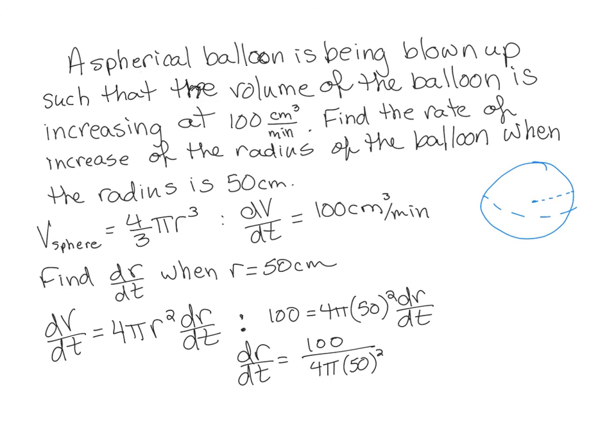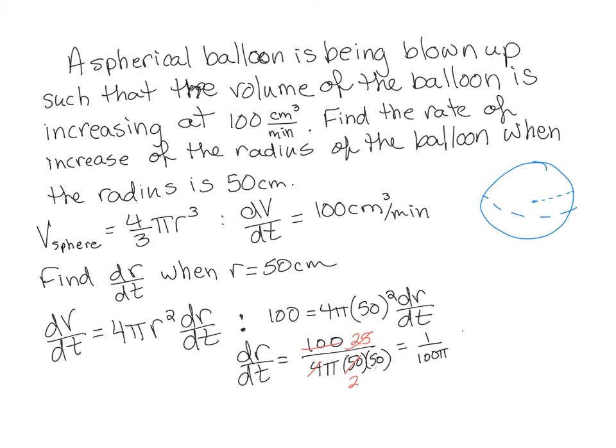So I'm going to rewrite this bottom here as 50 times 50, just so we can see how to cancel here. I've got a 4 that goes into 100 25 times. That becomes a 2 and cancels that. And I'm going to be left over with a 1 on the top and 100 pi on the bottom.